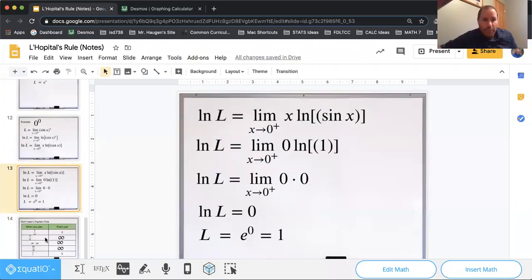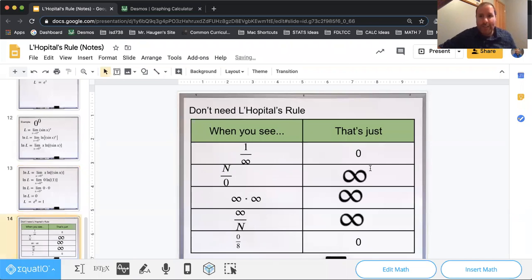So at the end, I'd put these times when it feels like we might use L'Hopital's rule, but we don't actually need to. If you have 1 over infinity, like we did in the examples, that's just 0. You're done. Any number over infinity is just 0.